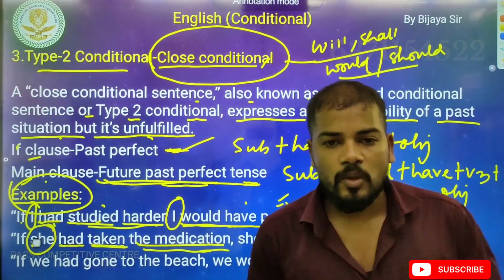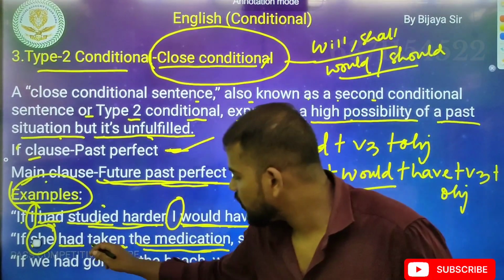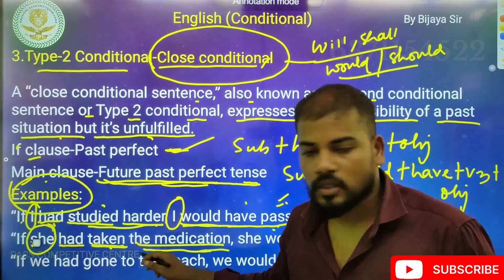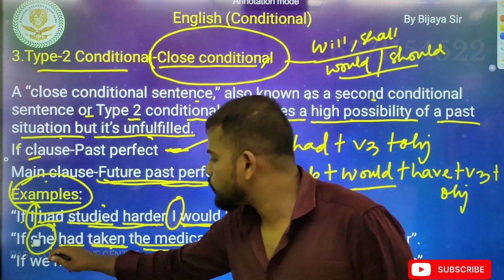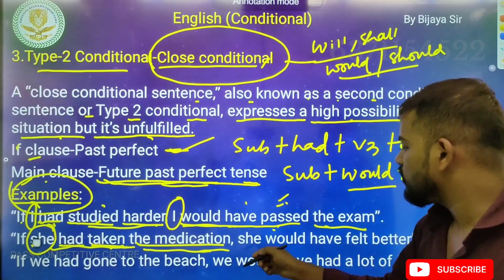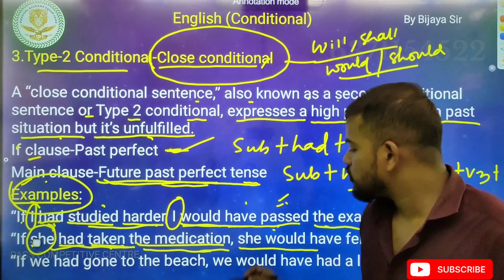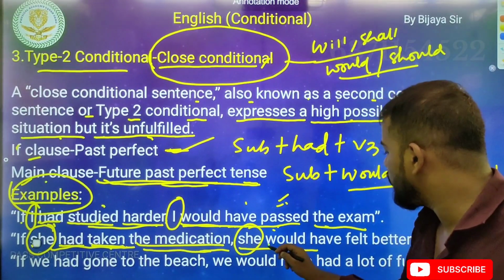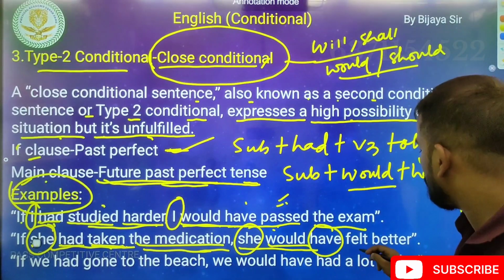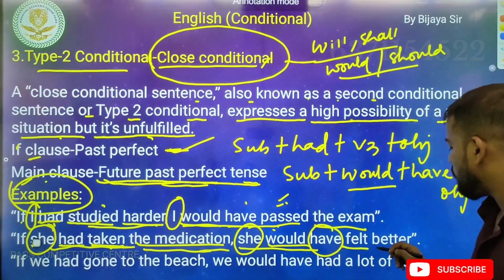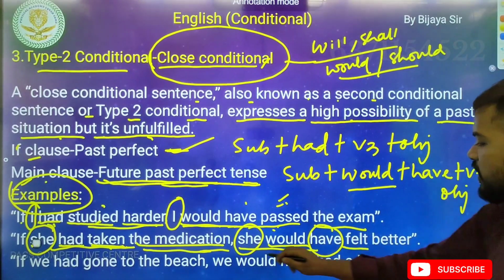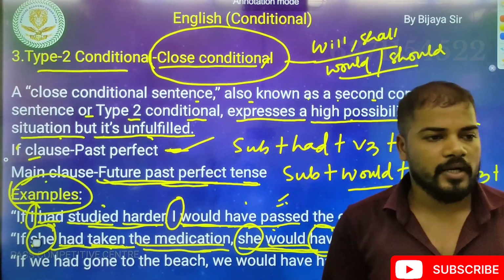That is subject plus had plus V3 plus object. As well as our main clause will be future past perfect tense. So she is the subject, we use would plus have plus the third form of the main verb, so it is known as future past perfect tense.